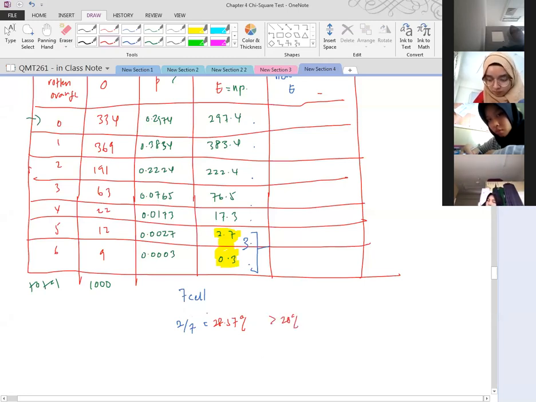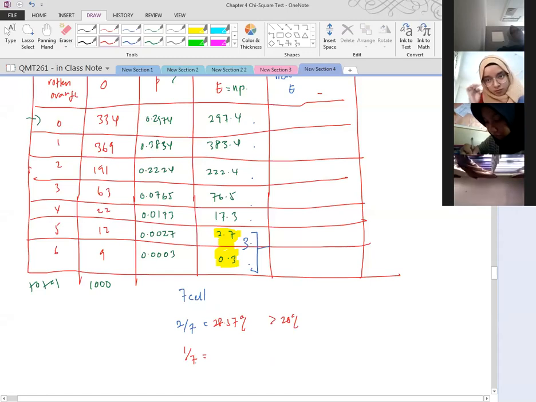So now what we need to do is combine these two, right? If we want to reduce it to 1 over 7, it should be only 1 over 6, which is 16.67%.